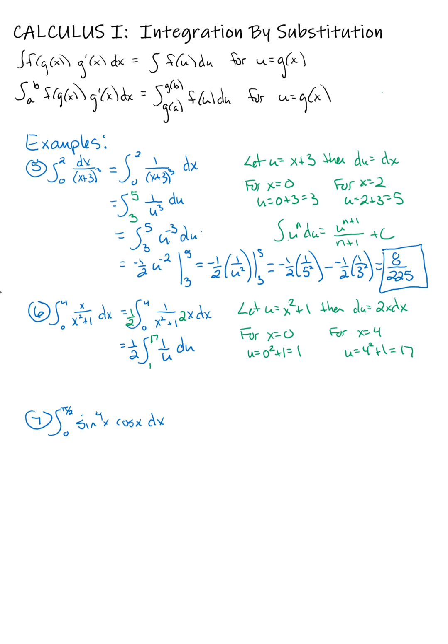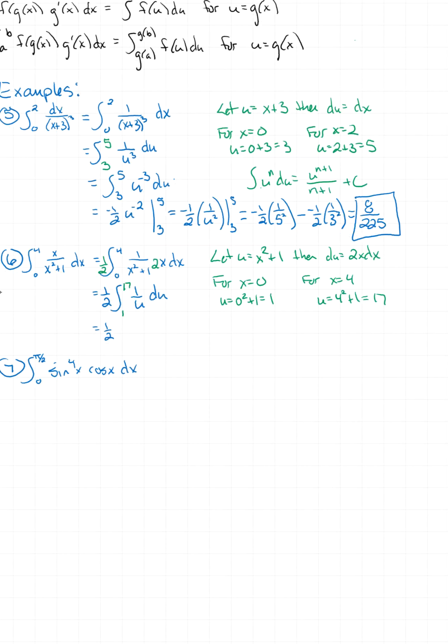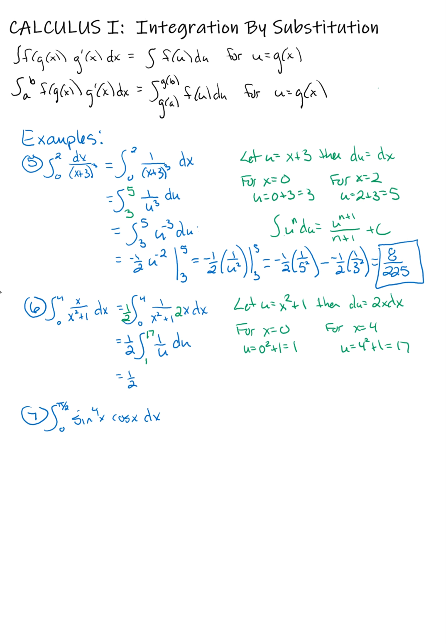And now we integrate. So we've got the 1/2, integrating 1 over u. Don't forget, this one gives us the natural log of u. Of course, we're evaluating this from 1 to 17. So that's 1/2 times the natural log of 17 minus 1/2 times the natural log of 1.